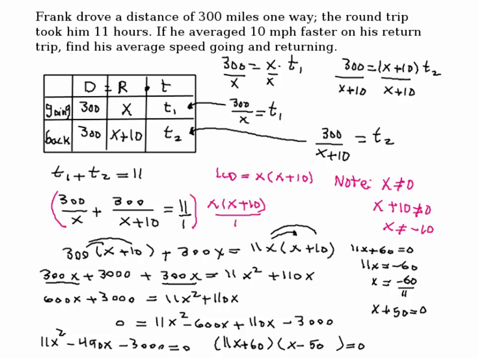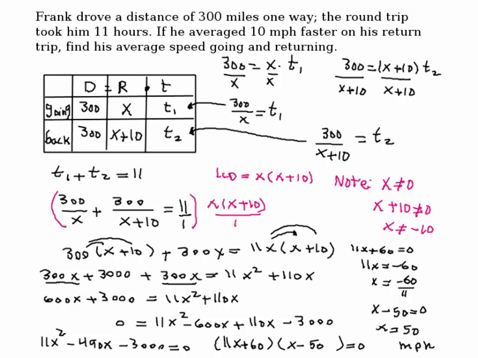Now it makes sense. So now we have x is equal to 50. To find the average speed, that would be 50 miles per hour.